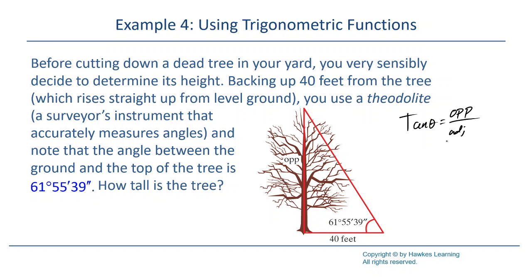In our case, we want to know the opposite, but we have the adjacent. Which means if I multiply both sides by the adjacent, the adjacent times the tangent will give me the opposite side. And because I need this opposite side, I'm in good shape. I can use these pieces of information.